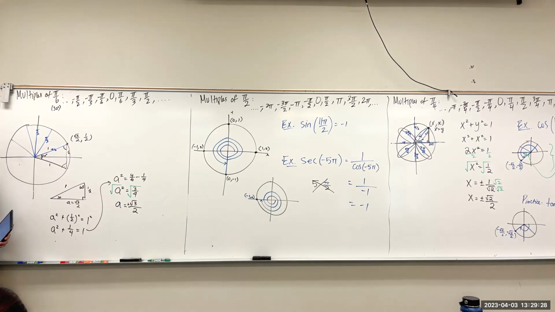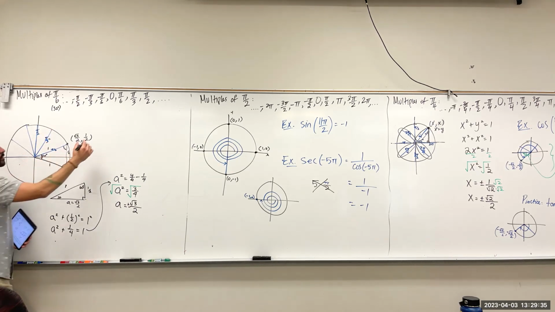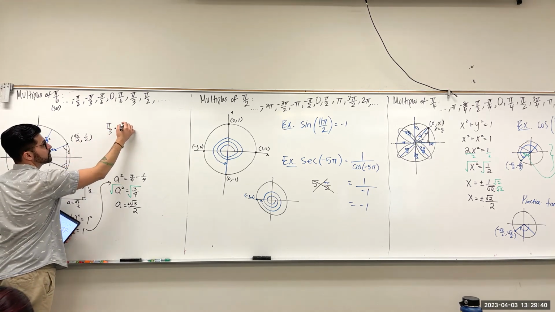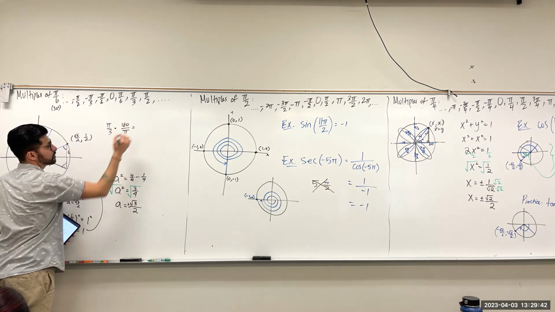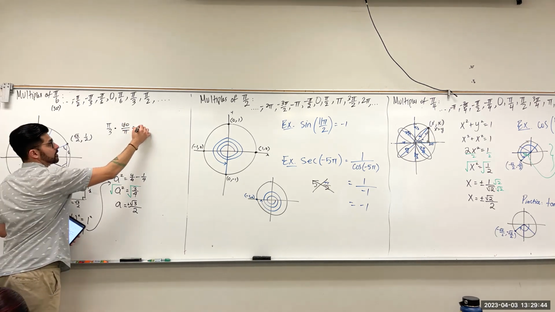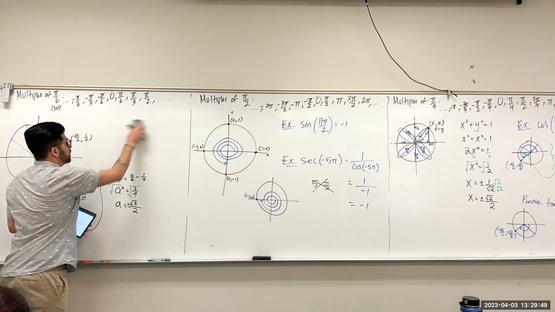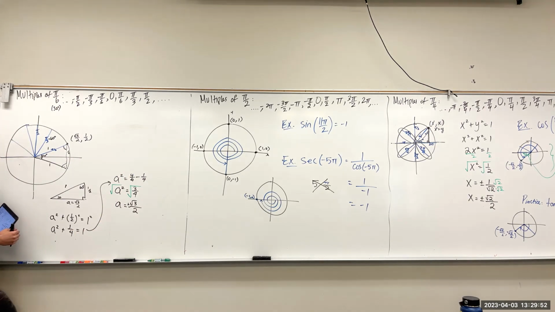Okay. For this bad boy, pi over 3 is how many degrees? What is it? 60, right? So this guy's 60 degrees right here. And so for this guy, if I draw this triangle going down here, imagine this triangle. It looks like this now.